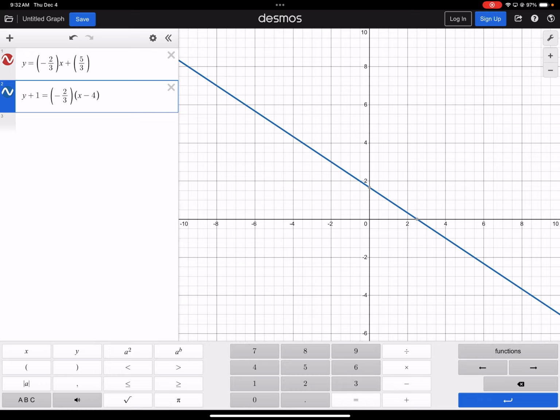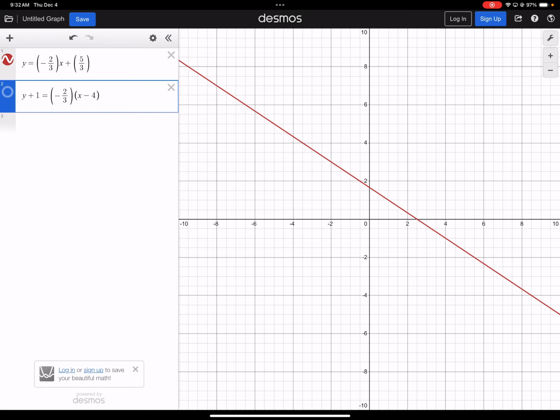So it's the same line. There's the red one. That's the 5/3 one. And then here's the point slope one. So they are the same. That is crazy.